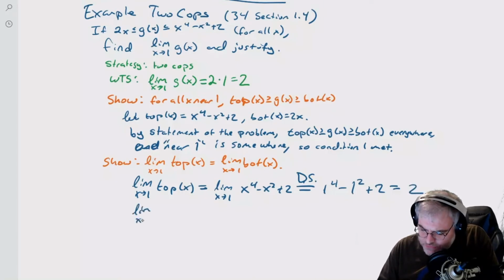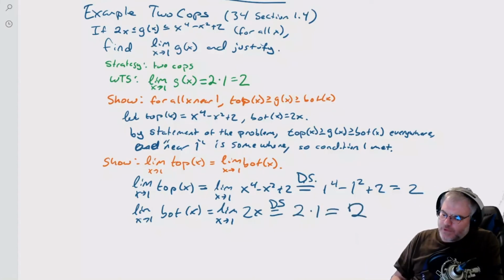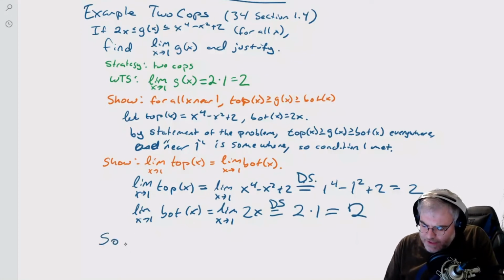Limit as x goes to 1 of bot of x equals the limit as x goes to 1 of 2x. It's another polynomial. Or I could have said constant multiple law and pulled it out, but I'm not going to because it just takes forever. 2 times 1. Note I did that step. 2 times 1 equals 2. So by 2 cops, the limit as x goes to 1 of g of x equals 2.